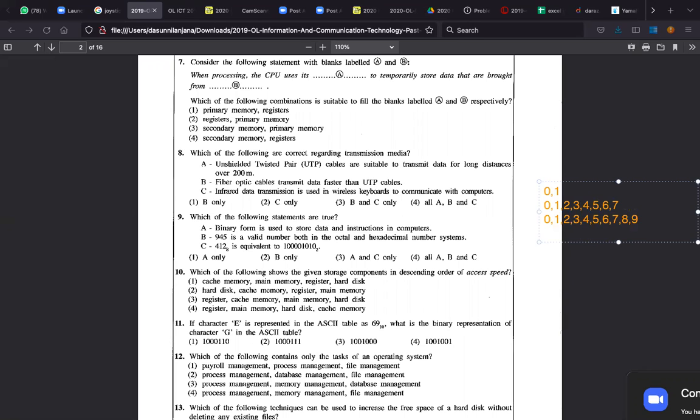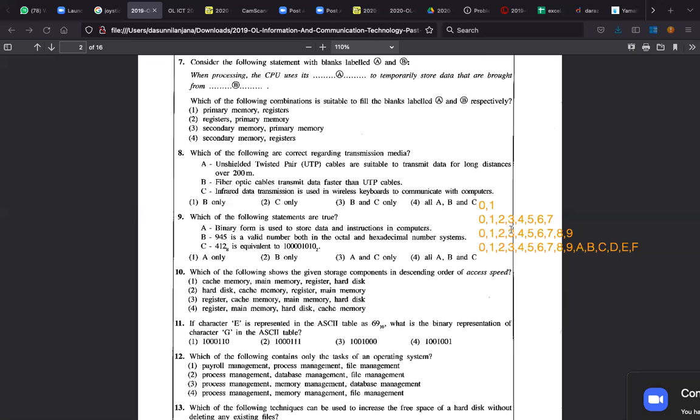And in hexadecimal, 0 to 9, then 10 is A, B is 11, C 12, D 13, E 14, and F 15. So these are the valid digits in each number system.